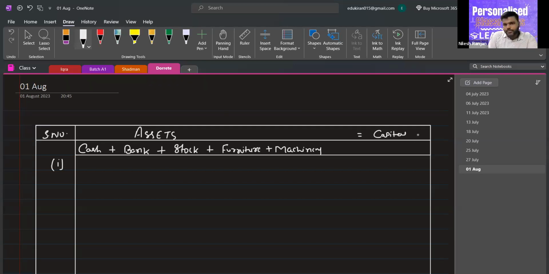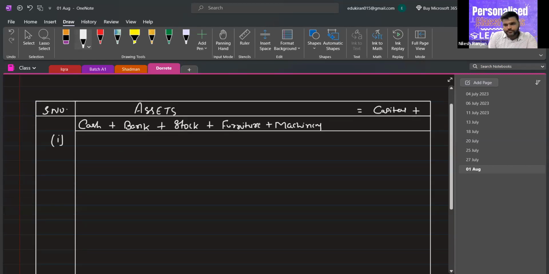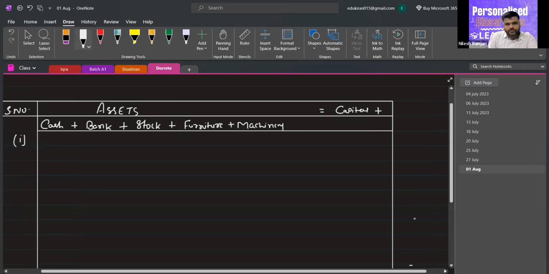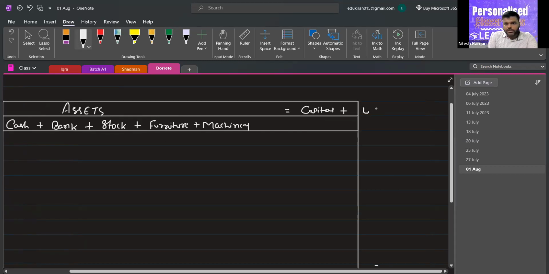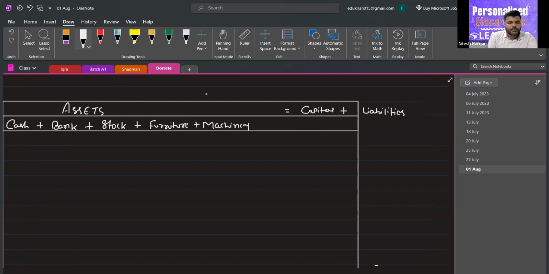Capital plus liabilities. And here it will be capital.